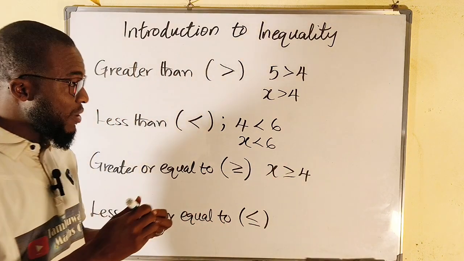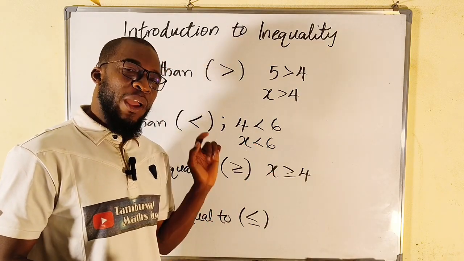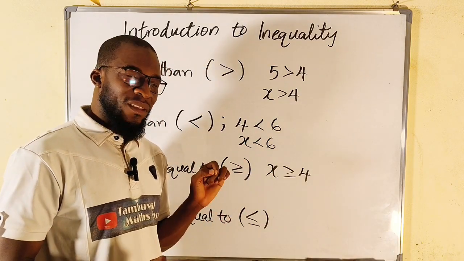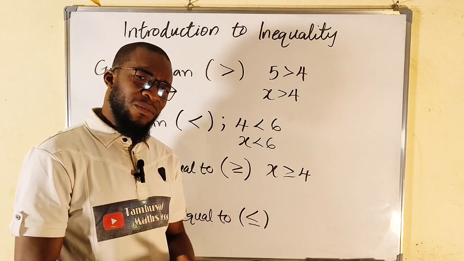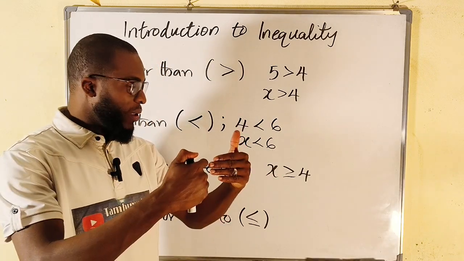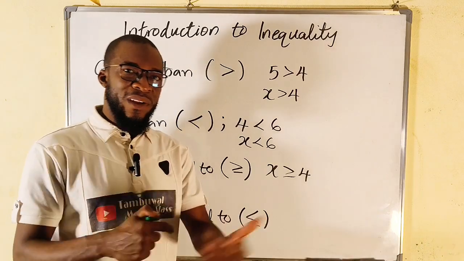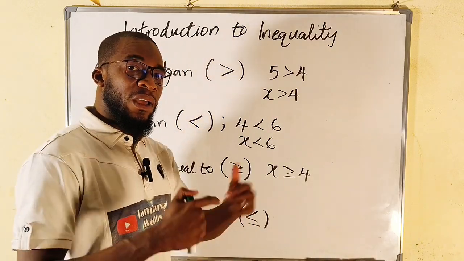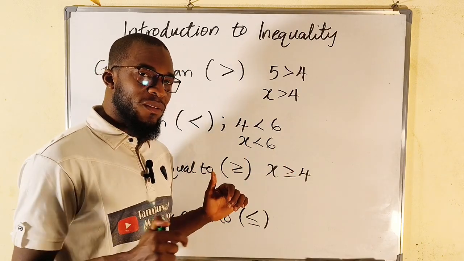What does this mean? It means that x is a value which is less than 6. It could be 5.99999. No matter how many nines you have, it will be less than 6. It could be 5, 4, 3, 2, 1, 0, -1. All these values to the left hand side of a number line less than 6, that's what it means.